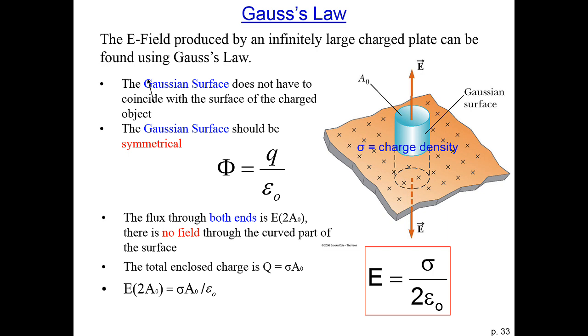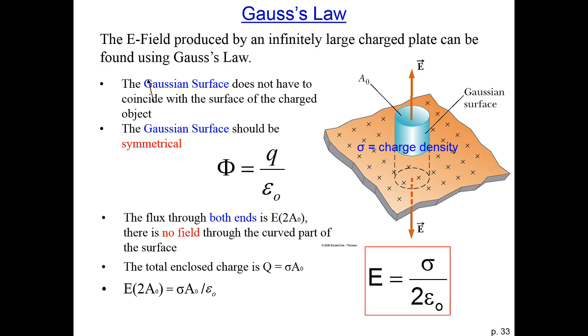The electric field generated by the sheet is uniform, as we discussed last time, so the electric field at both ends of the cylinder is the same, and we will call that field E. The area is the area of the ends of the cylinder, because the electric field is exactly perpendicular to the surface of area A, and it's aligned with that area vector that is pointing straight out of the area.